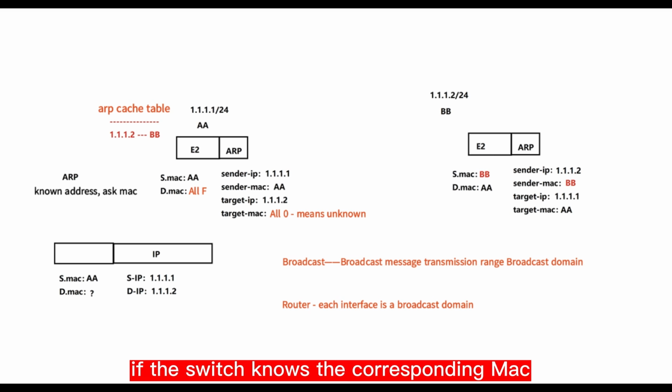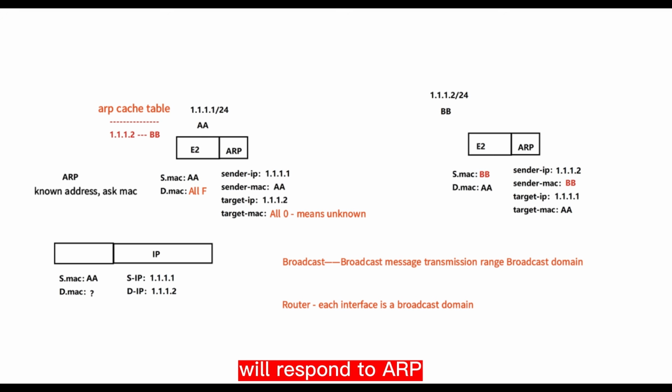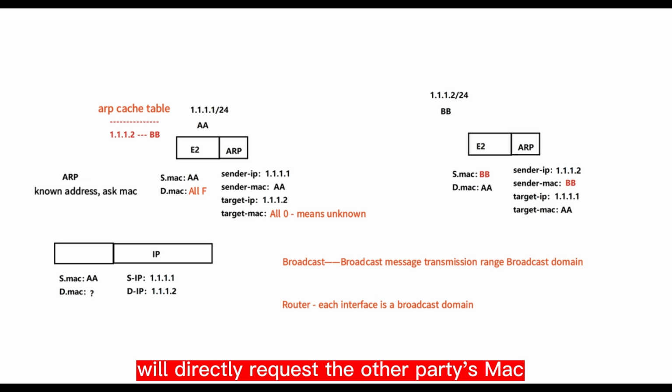Some students will ask: if the switch knows the corresponding MAC and responds to ARP, is this the ARP proxy? No. We'll talk about ARP proxies later. ARP proxy refers to this: if the devices at both ends think they are on the same network segment, they will directly request the other party's MAC.